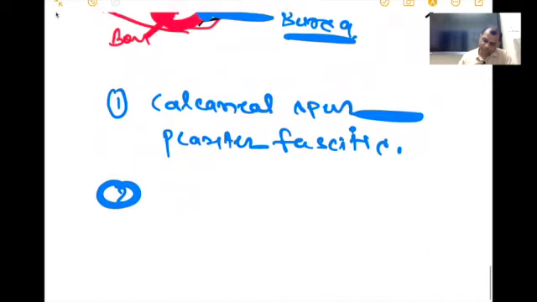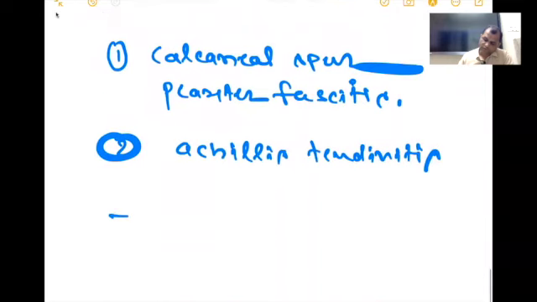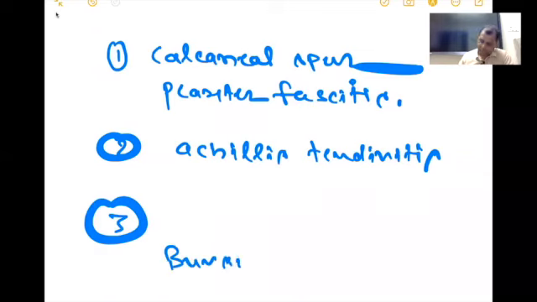Number two, the tendon having a problem, Achilles tendinitis. Number three cause is bursitis, or we can call it retrocalcaneal bursitis.